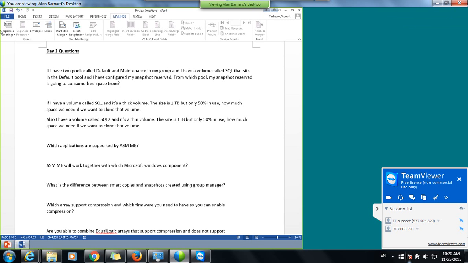Next question: what is the difference between smart copies and snapshots created using Group Manager?